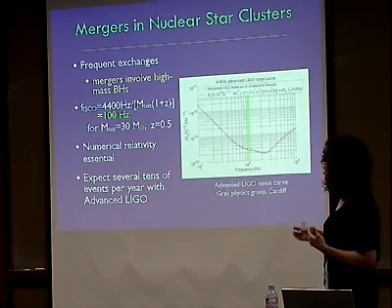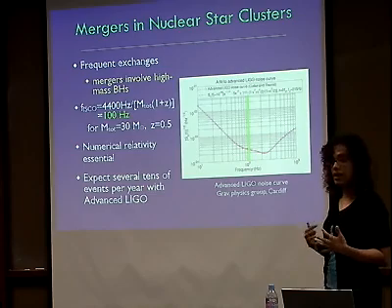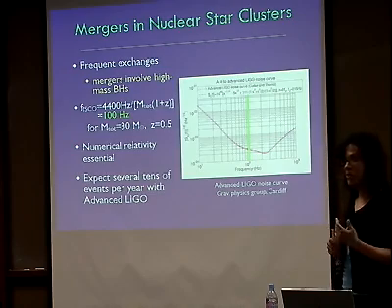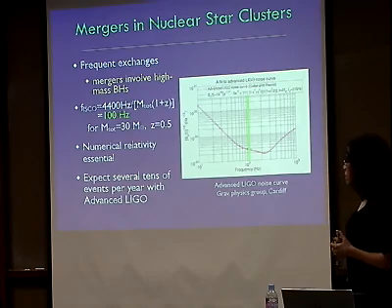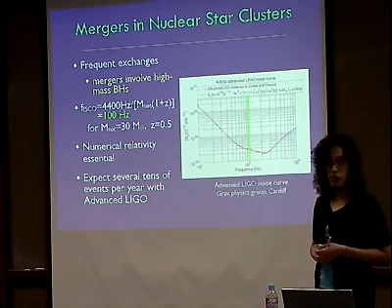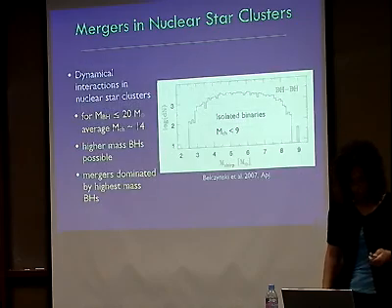So that's why the inspiral, the last few orbits, the merger and ringdown, are going to play an important role. So really hoping for numerical relativity to tell us what the waveform is going to look like there. And we expect several tens of events per year from this with Advanced LIGO.